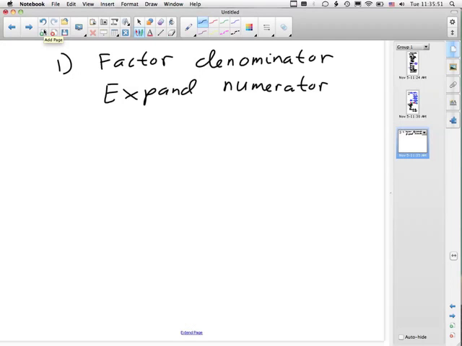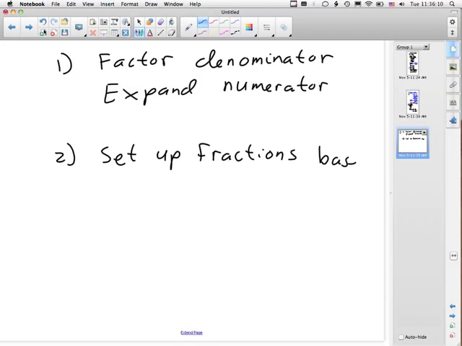That way we'll have a bunch of stuff multiplied by x squared, a bunch of stuff multiplied by x, and a bunch of constant stuff in the top. In the bottom, it's all factored. Step 2, set up the different fractions based on the factored denominator.